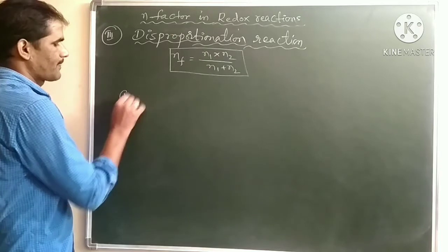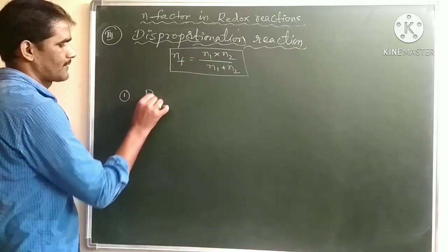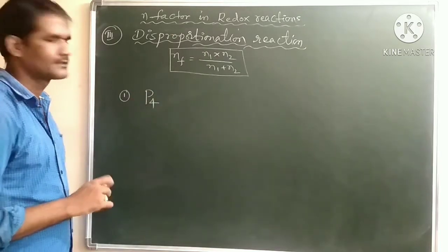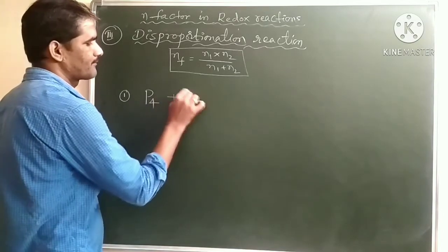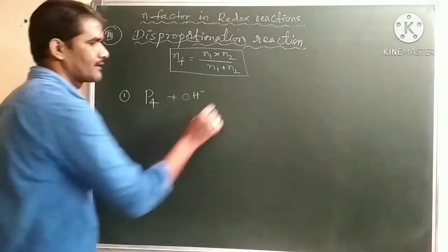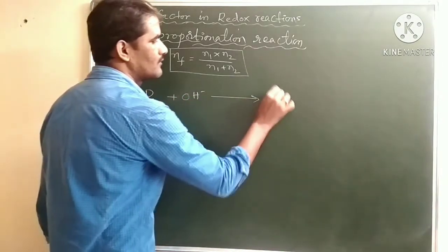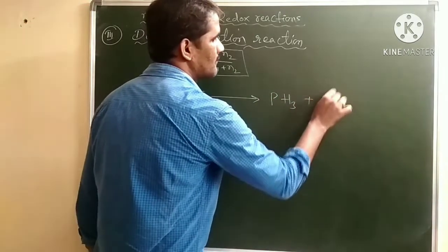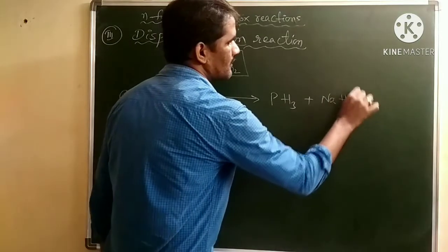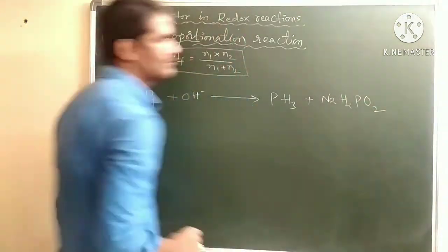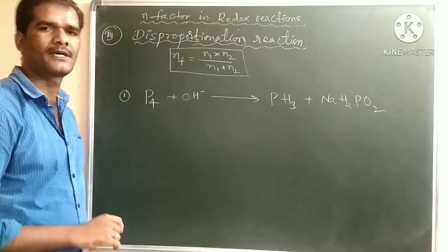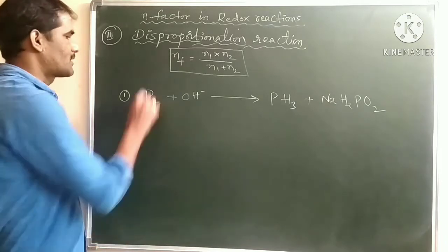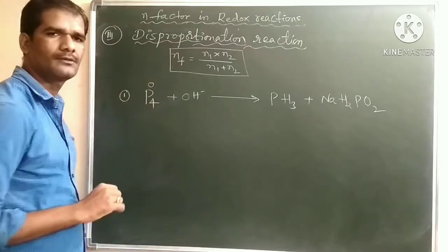Phosphorus, generally in basic medium, will give phosphine PH3 and NaH2PO2, sodium hypophosphite. Here the phosphorus oxidation state is 0.